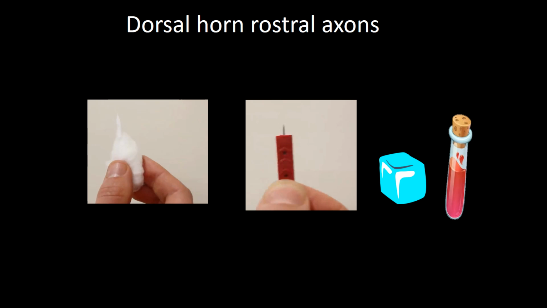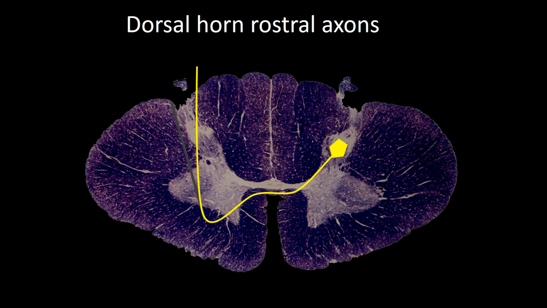Dorsal horn rostral axons carry crude touch, pinprick, cold and hot fibers. They cross at the level of the spinal cord going through the anterior white commissure.